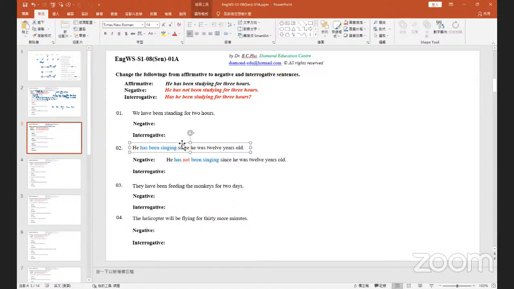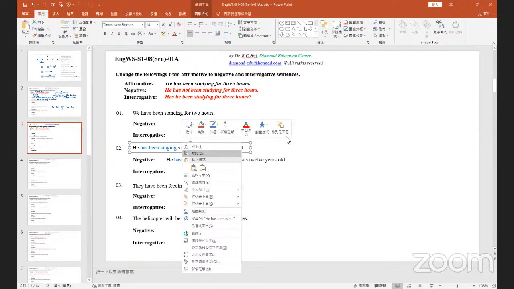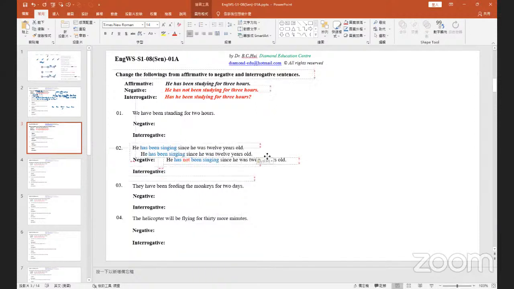Three words together is the verb. So interrogative. You want to change it into a question. You move the first part of the verb to the front. Has he been singing since he was 12 years old? And then you put a question mark. Finish.